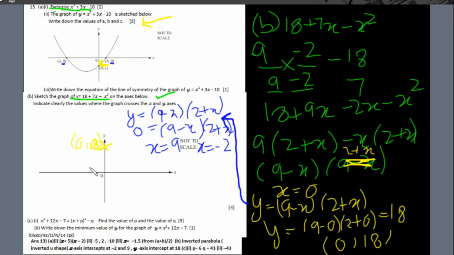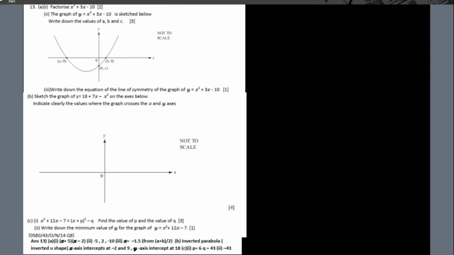So our graph will cut the x-axis at minus 2 and 9. So let's say 9 is somewhere over here. So our graph would look like this. I hope you make a better graph than me. Alright, so this is the sketch for part B.